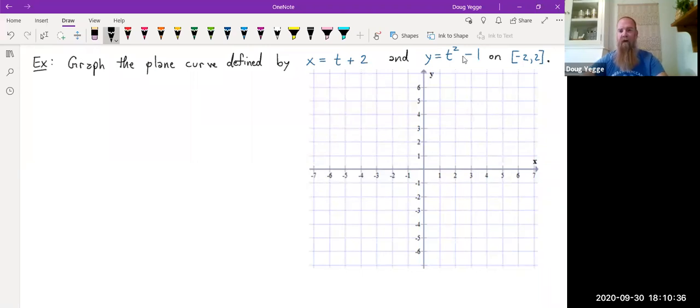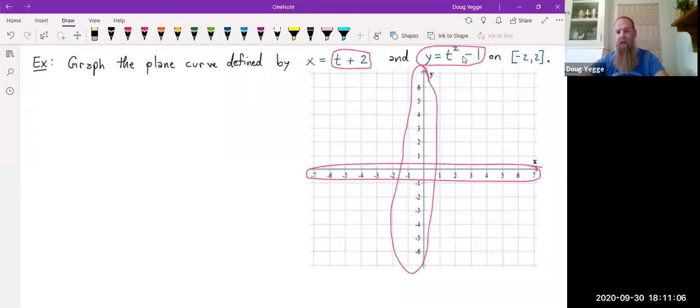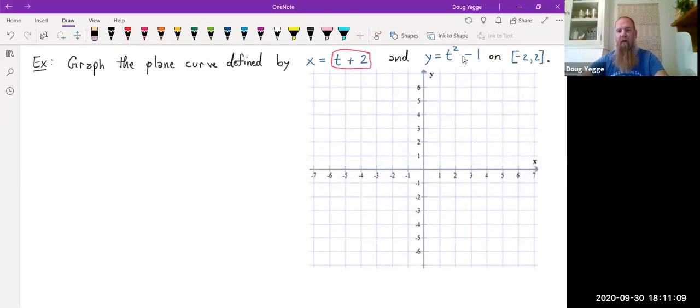So here is a set of parametric equations such that x is equal to t plus 2, which means if I plug in some t coordinate, let's just say that it's a time, I could find where the x coordinate will be at that given time. And likewise, if I take a look at the y as a function of t, I could also plug in a certain time and find out the y coordinate at that given time. So in order to do so, the best way to do this is to create a table.